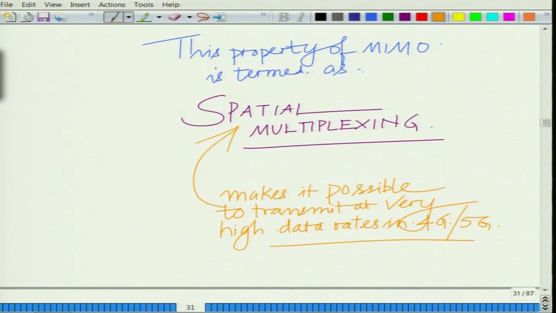So, this is what makes it possible. So, MIMO technology via this property of spatial multiplexing makes it possible to achieve very high data rates in 4G, 5G wireless systems.